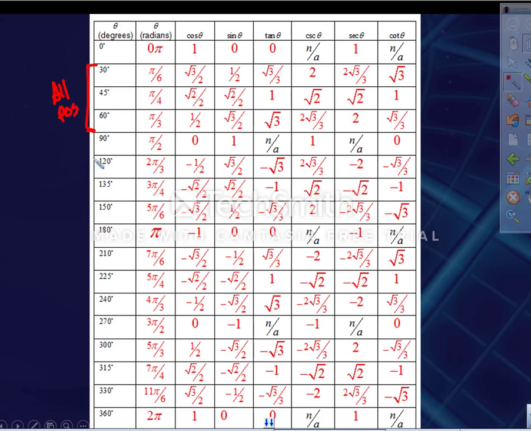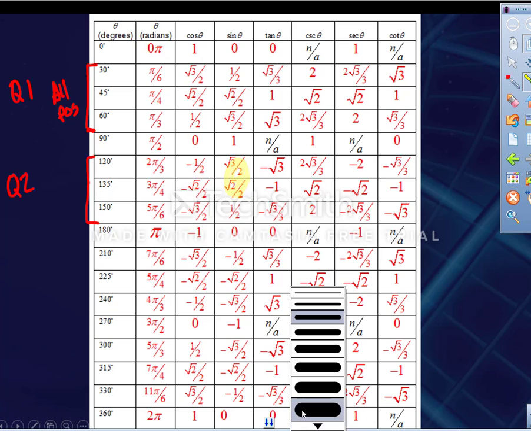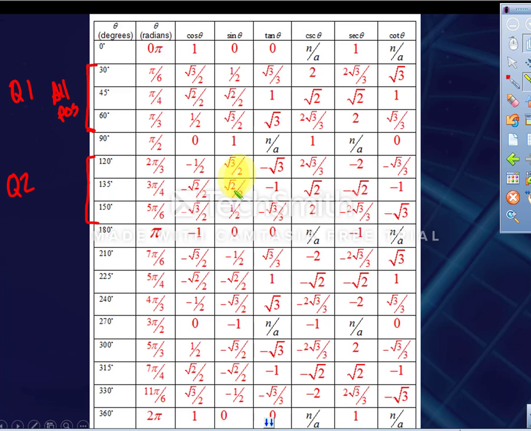Okay, and then if you look at these values that are right here that are in the second, so this is first quadrant, okay, so we'll say quadrant 1, and then in quadrant 2, all of these values, what are the only ones that are positive? The only ones that are positive are sine, let me make that a little bit thicker, sine, and its doppelganger, cosecant. So over here I'm going to write sine and cosecant are positive.